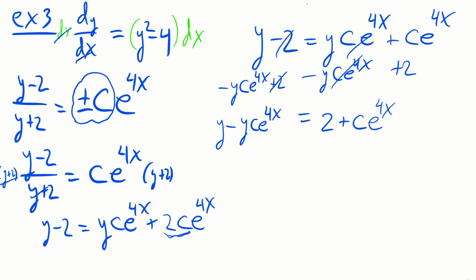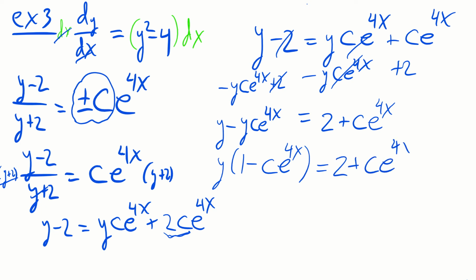And now we're going to go ahead and factor out the y on the left hand side. That'll leave us with a 1 minus c e to the 4x is equal to 2 plus c e to the 4x.